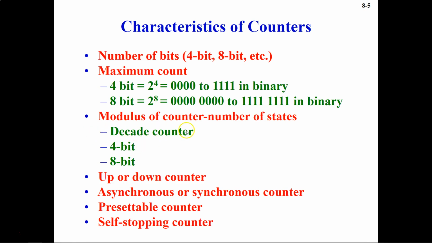Now what is a decade counter? A decade counter counts in decimal digits rather than binary. You already know 4-bit and 8-bit counters, and they can count up and down. They can be asynchronous or synchronous counters. Let's discuss the asynchronous counter. It is also called a ripple counter, and this name means that all the flip-flops do not trigger at one time in this type of counter.